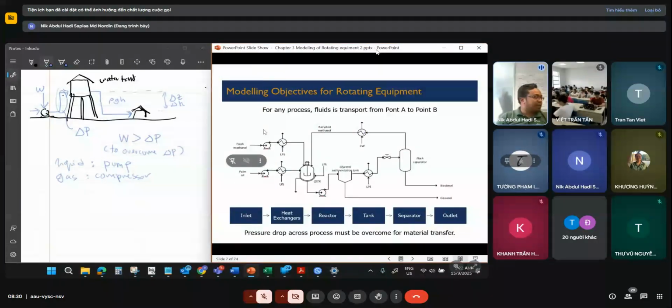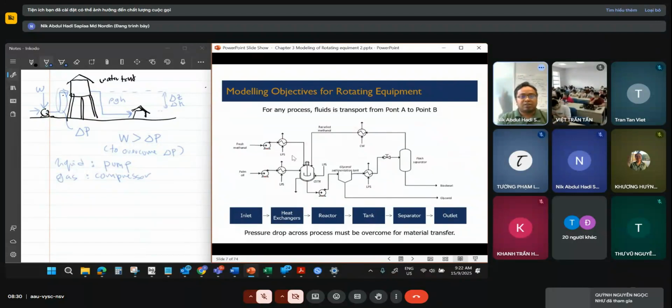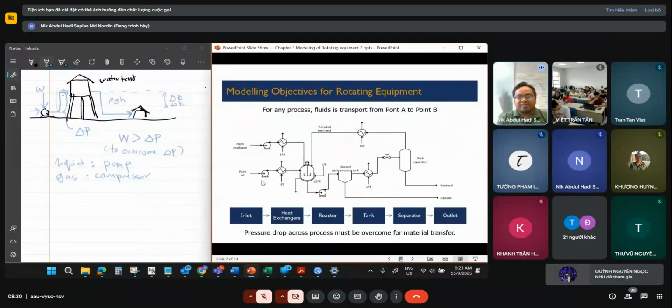Now let's get back to our previous process for biodiesel production. If you notice here, there are a lot of pumps. This means we need to supply the energy so that fluid can be transported through this pipeline until we can make our process a success.